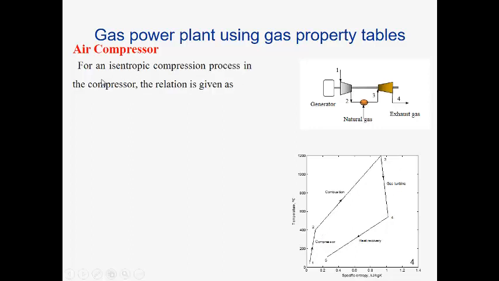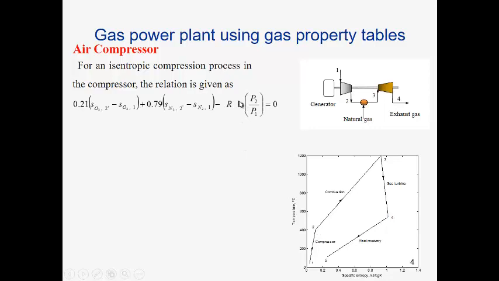In air compressor, the process is initially assumed as isentropic compression process, so that we can get the temperature at the exit of isentropic compression, and later from the concept of isentropic efficiency, the temperature at the exit of compressor can be evaluated.